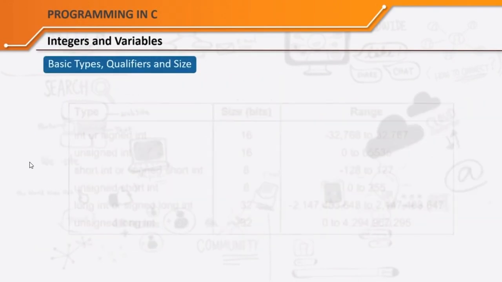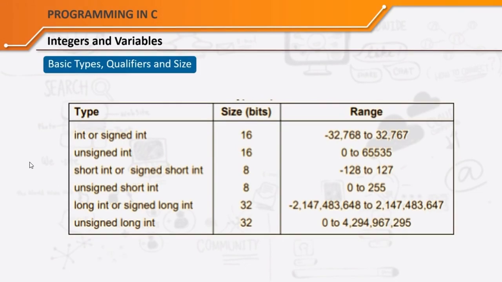This table represents the kind of modifiers that are used along with the integer type. Here in the table, the first column represents the integer type along with the modifiers like int or signed int, short int or signed short int, or long int or signed long int.